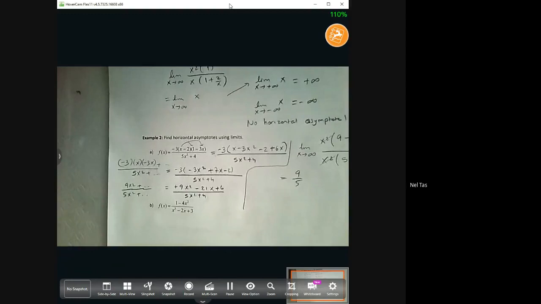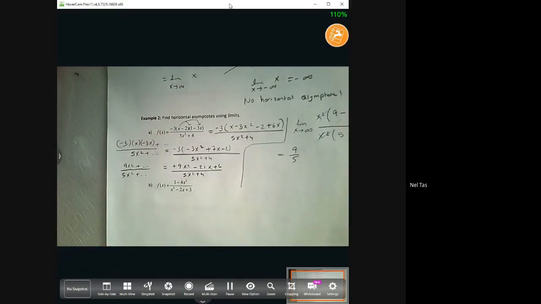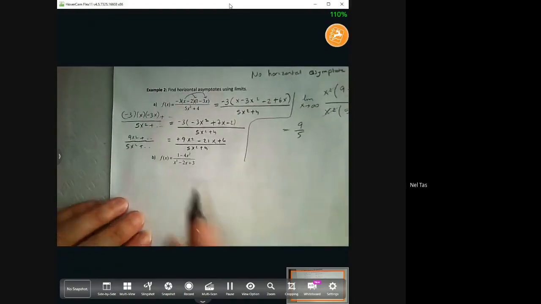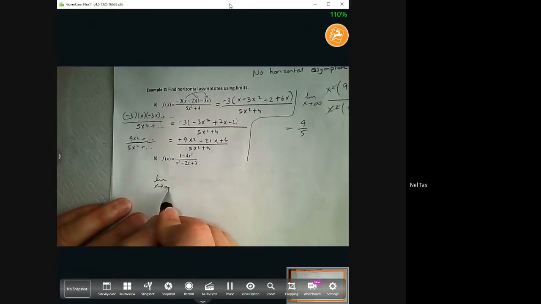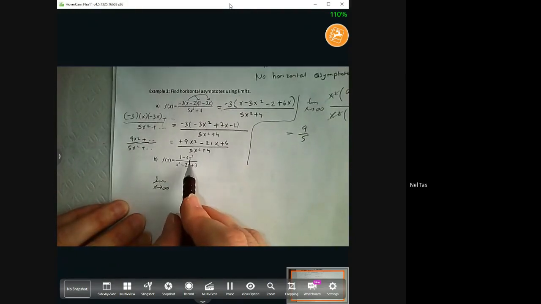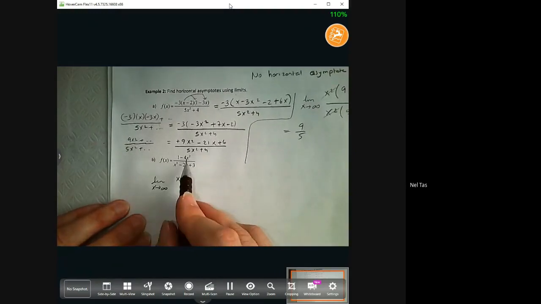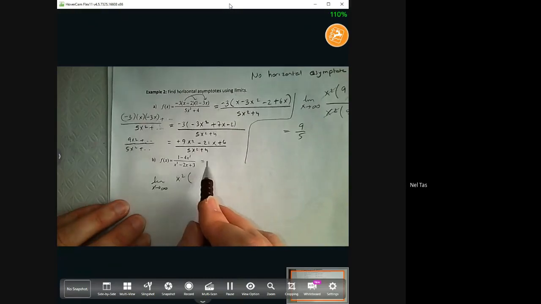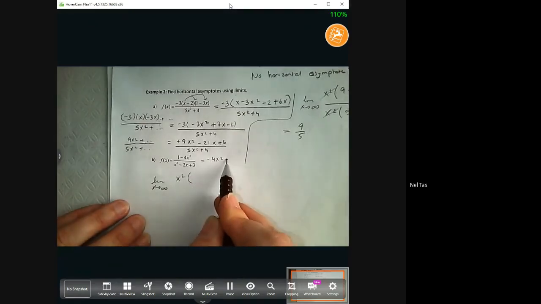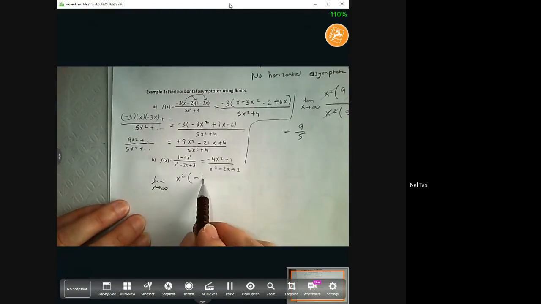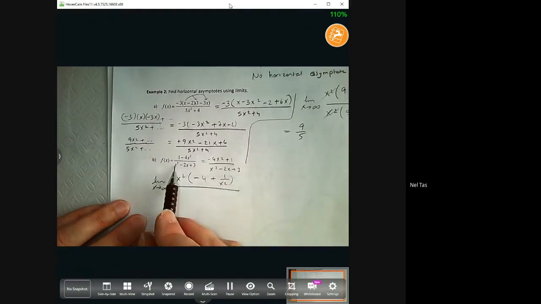And the other way is using the limits. So let's look at B. The limit as x approaches infinity. x squared is the highest, so factor x squared. You can actually switch the places of the terms, so -4 plus 1 over x squared. And in the denominator, x cubed is the highest.